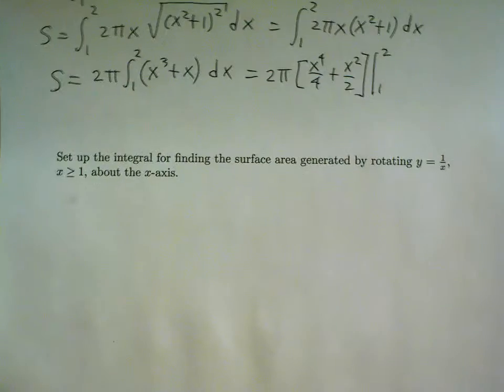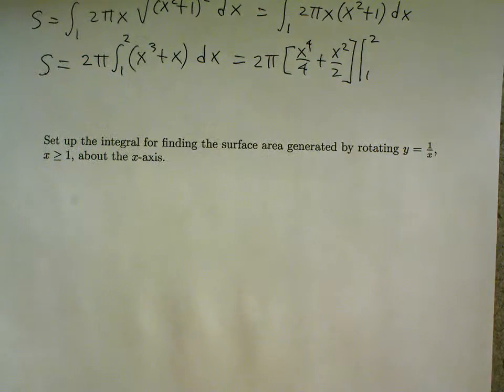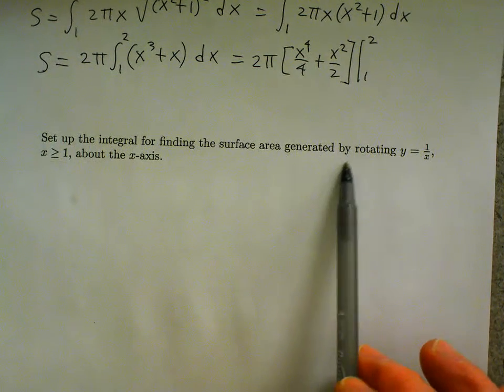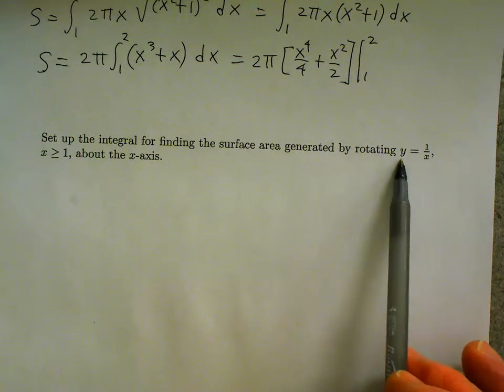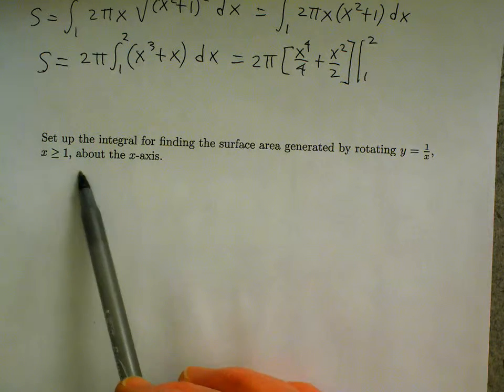This one, set up the integral for finding the surface area generated by rotating y equals 1 over x for values of x greater than or equal to 1 about the x-axis.